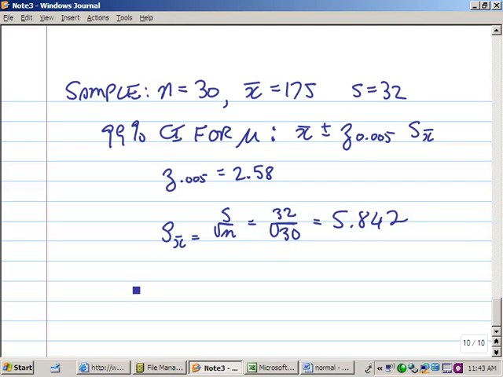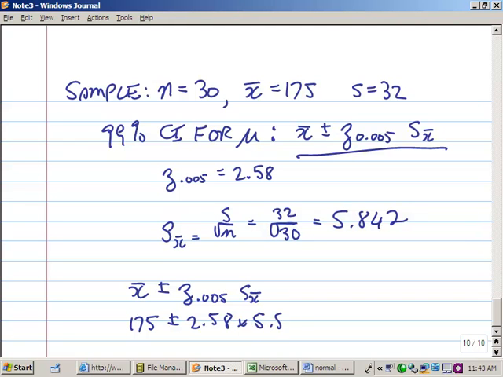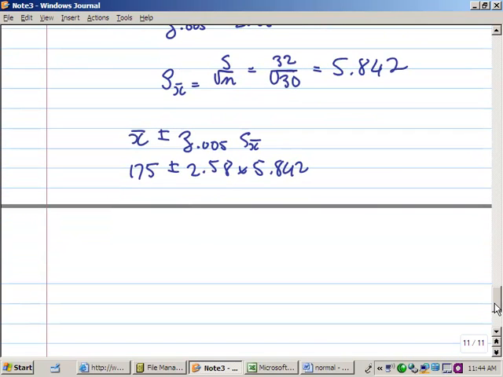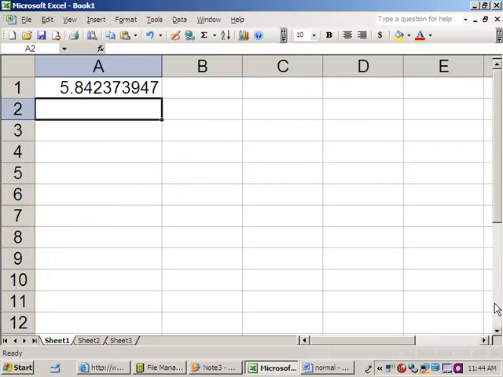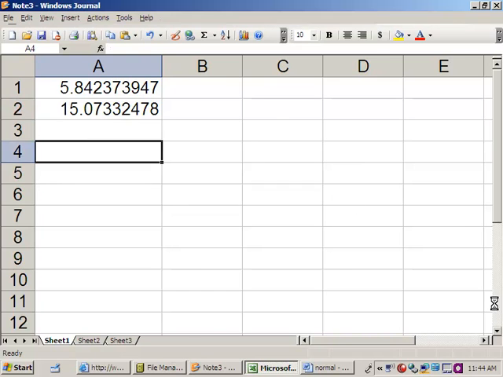Alright, so we have this formula here, x bar plus or minus the z for half a percent in the tail times S of x bar. So the sample average 175 plus or minus 2.58 times 5.842. The amount we're going to go up and down, 2.58 times 5.842, is about 15.